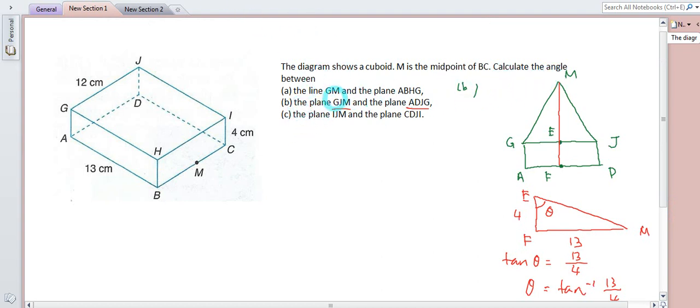Calculate the angle between the plane IJM and CDJI. So where's I? Here's I, J, M. Draw the plane first. Now we have this plane. And CDJI, use another color.